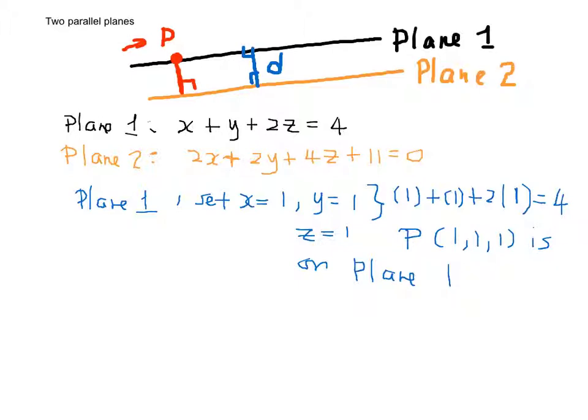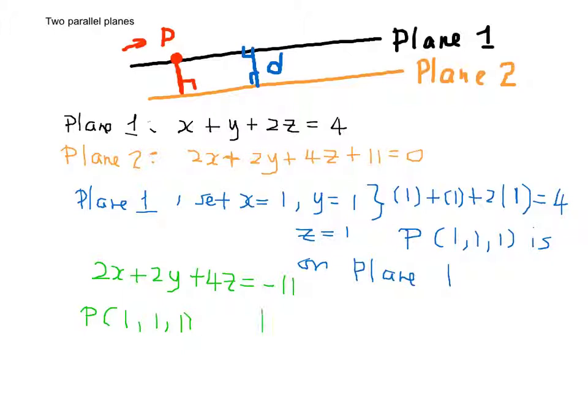So the shortest distance from the point P, which is on plane 1, to plane 2 will be like this. First I'm going to rewrite the equation of plane 2 by rearranging so I get negative 11 here. The point P is (1, 1, 1).